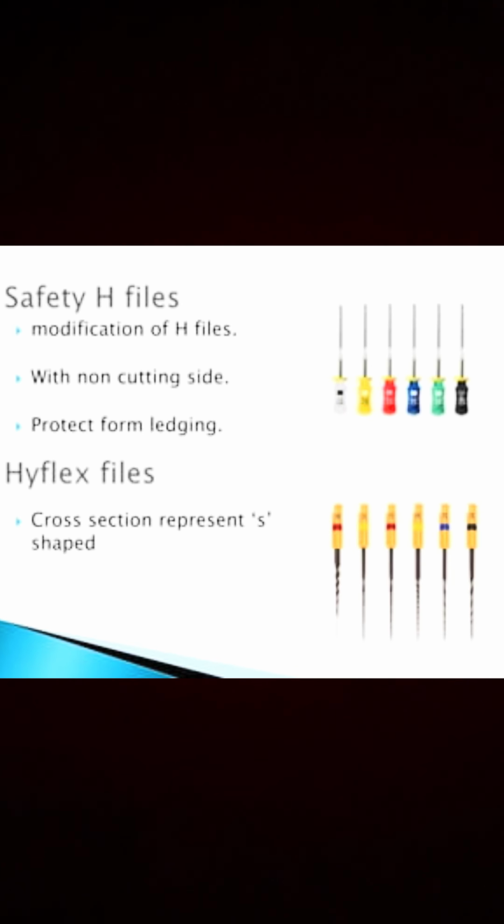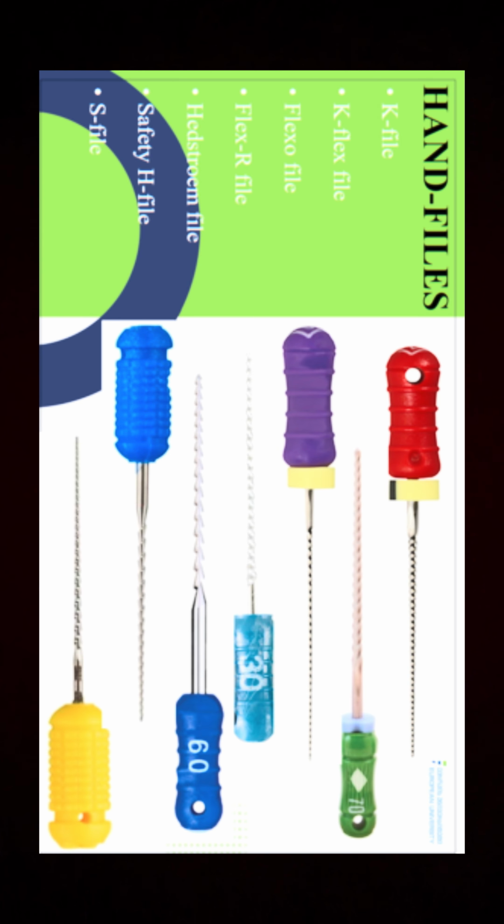Group 2 is low speed stainless steel instruments with latch type attachment. The most commonly used low speed rotary stainless steel instruments in endodontics are Gates Glidden drills and Peeso reamers. Gates Glidden drill has a long thin shaft ending in a flame shaped head with a safe tip to guard against perforation.